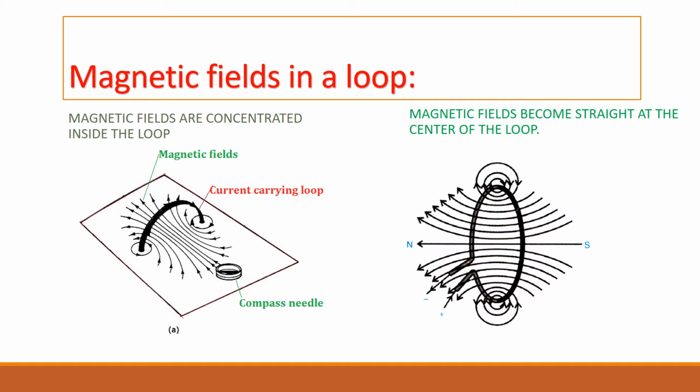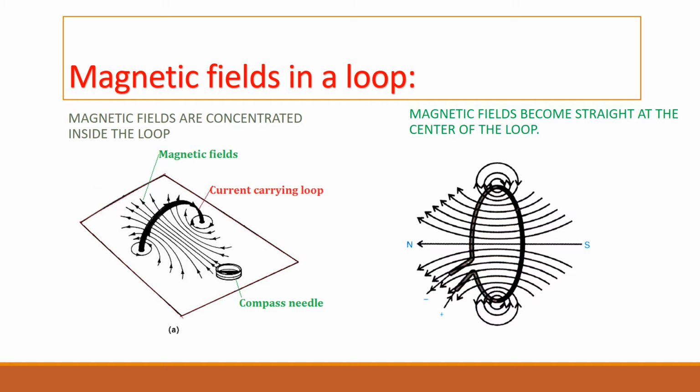There are many versions of drawing magnetic field patterns in a loop. So like this one here, it is a loop that is going through a cardboard. So you can see magnetic fields are parallel to each other and moving from one side to the other side.